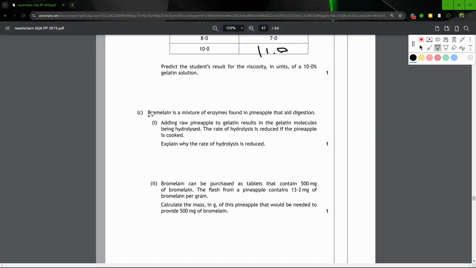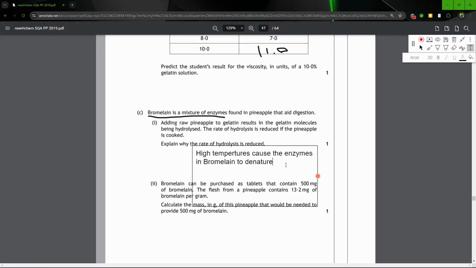Okay, well, it's because it's a mixture of enzymes, which means high temperatures cause the enzymes in bromelain to denature and no longer function.